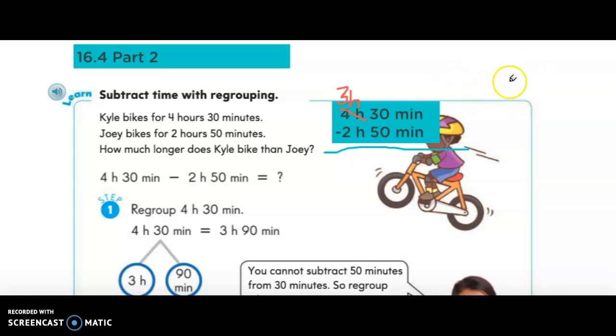So essentially what we're doing is we're going to take 60 minutes, which is that 1 hour that we are regrouping, and moving it into the minutes. Now we already have 30 minutes there, so we need to add these minutes together to have 90 minutes. So now this becomes 90 minutes.